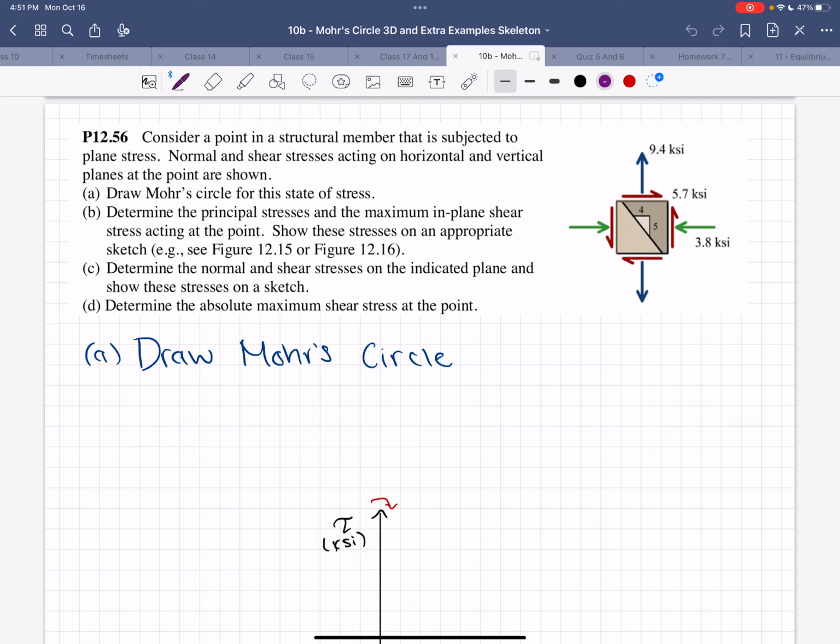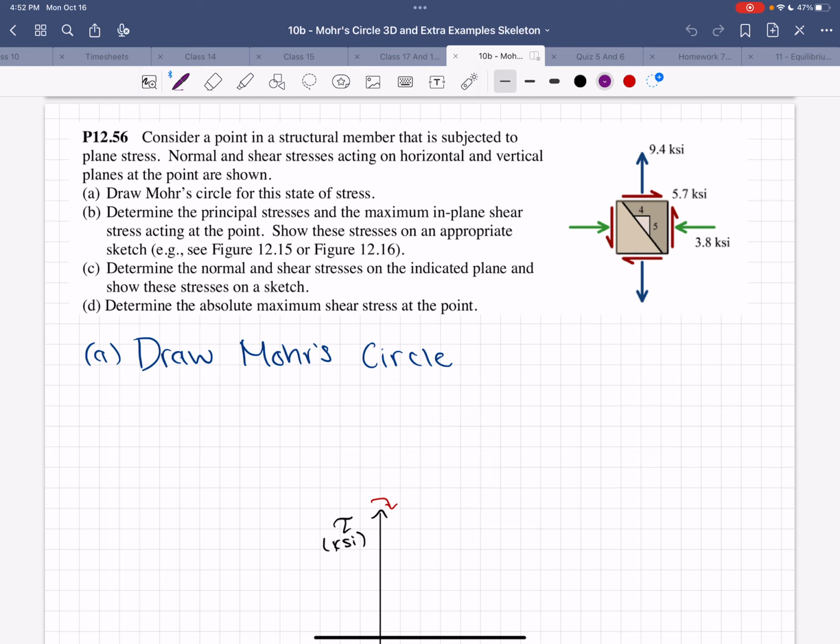Part A is to draw Mohr's circle for the state of stress. We're good at that. Then we're going to determine the principal stresses and the maximum in-plane shear stress acting at the point, and we're good at that. Then we have to draw those stresses on an appropriate sketch. We can do that too.